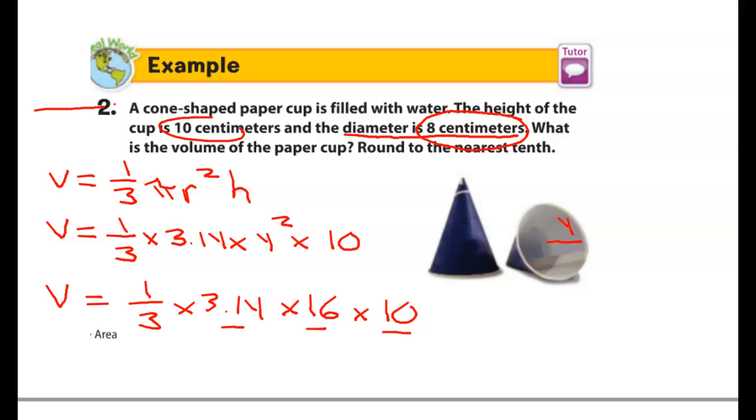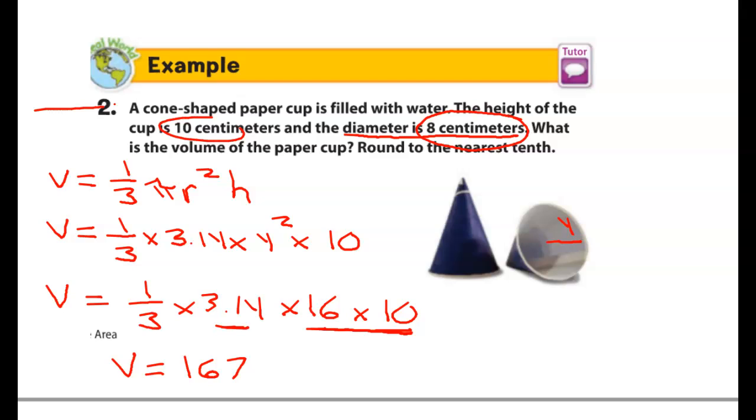Now, again, if you want to go a little bit quicker on your calculator, you know that 16 times 10 is 160. So you could do 3.14 times 160 and then divide that by 3. Either way is going to work out, right, you guys? Okay, so let's go ahead and take care of that calculation. So the volume is going to equal 167.4666.